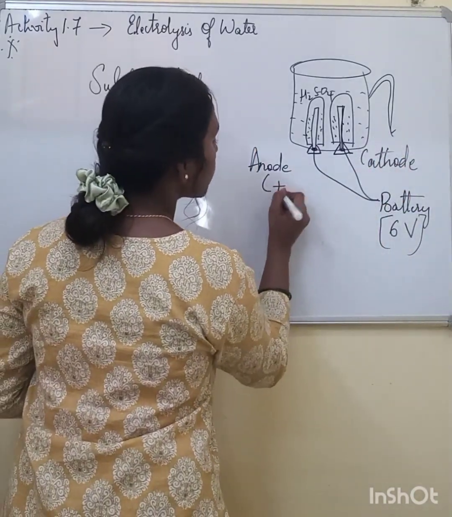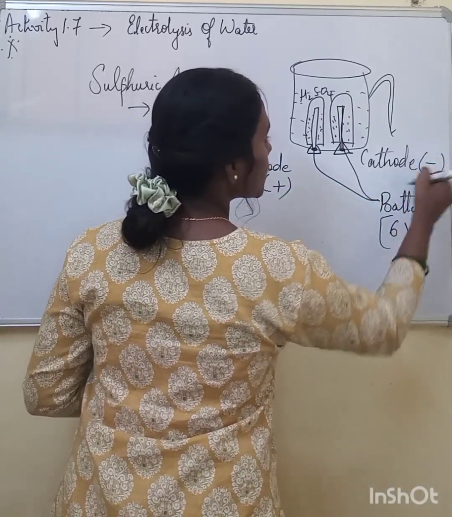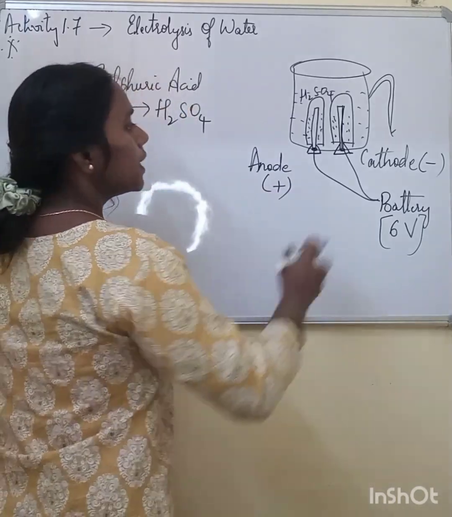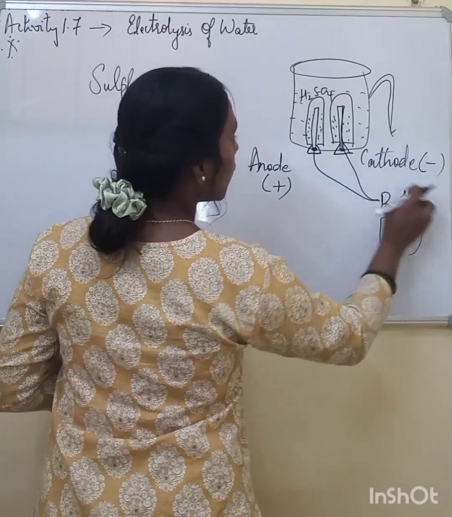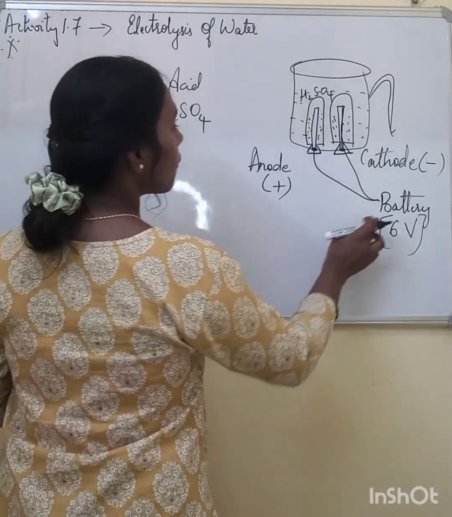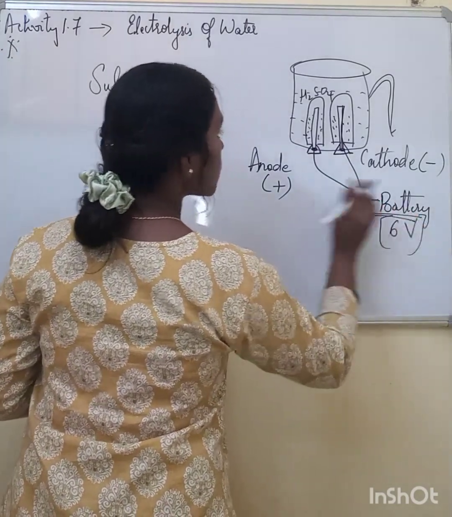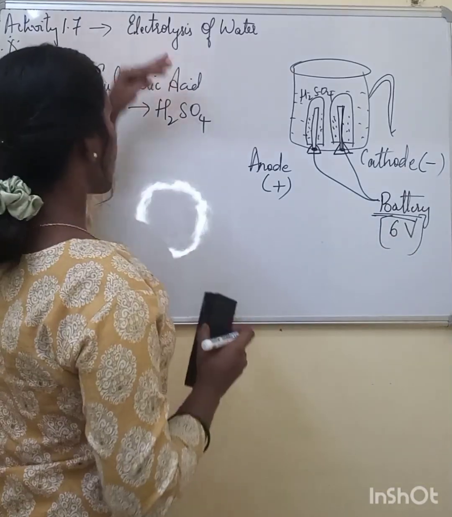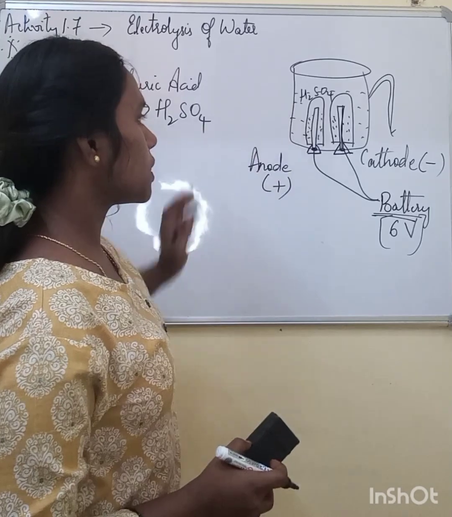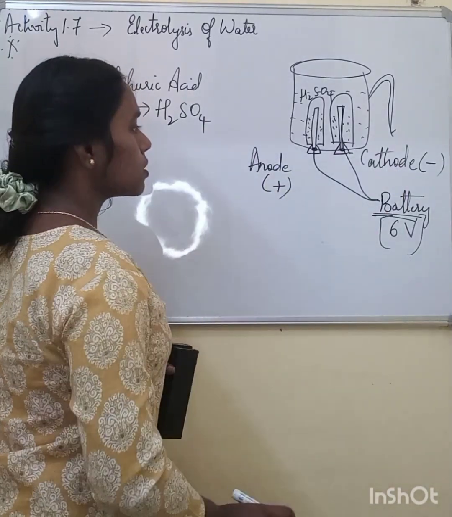Anode is always positive, cathode is always negative. So the positive electrode is always called the anode, and the negative electrode is always called the cathode. This is how the experiment setup for electrolysis of water is done, or the diagram. This diagram is very important.